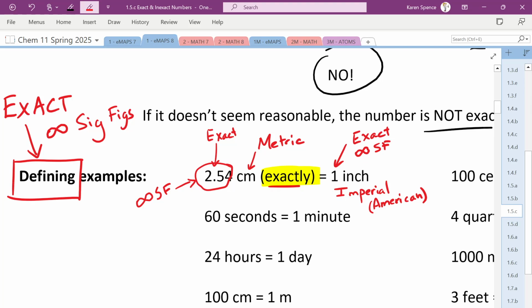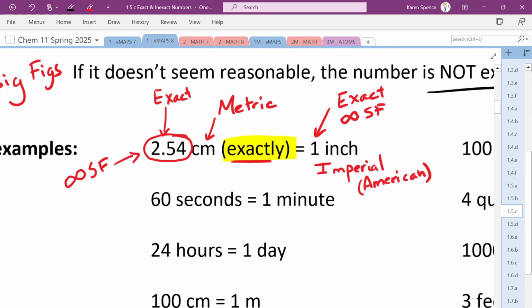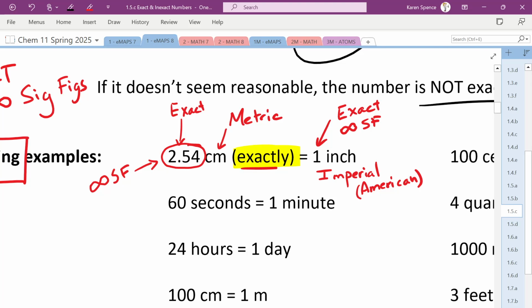I guess I could do a better job of circling that. Like I said, you would not be expected to know that that was exact, so it will always be written for you, but there are certain things you should know are exact. Are there approximately 60 seconds in 1 minute? Or are there exactly 60 seconds in 1 minute?